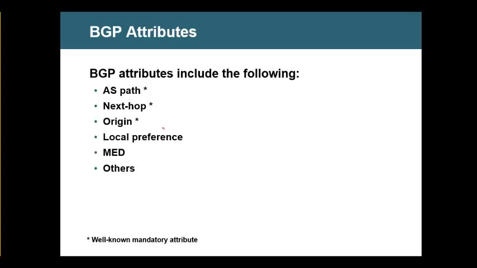Next, the other chance is somewhere someone redistributed it. See, that is also possible, no? If you are learning a network here, maybe someone somewhere took a static route and redistributed into BGP, or took an OSPF route and redistributed into BGP. So when you learn a route, it may be because of advertisement using the network command. It may be because of redistribution.